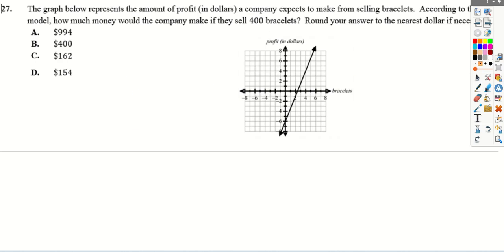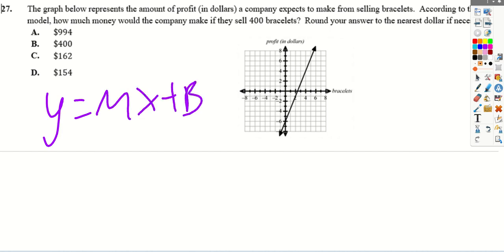The graph below shows a company with bracelets. So let's make a y equals mx plus b. B is starting at minus 6. And then following it perfectly, I see the next perfect grid point way up here. And you guys could have picked a different one.